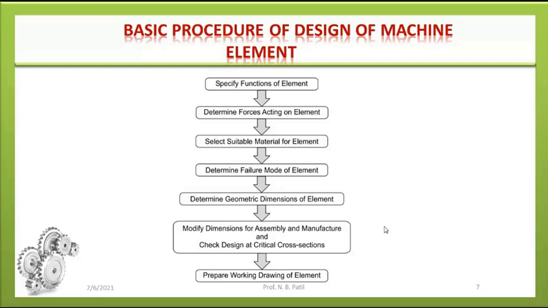All of you know that for a general key structure, half part of the key is present inside the shaft and half part of the key is present inside the gear.